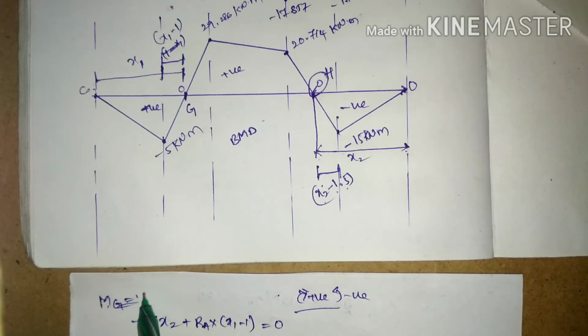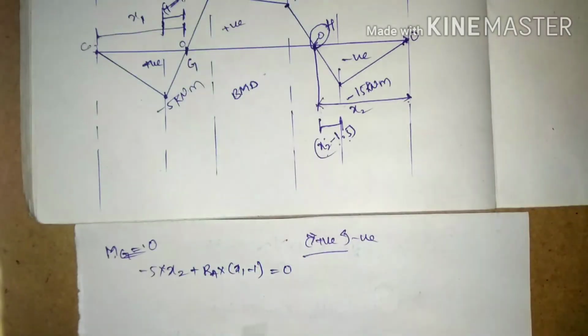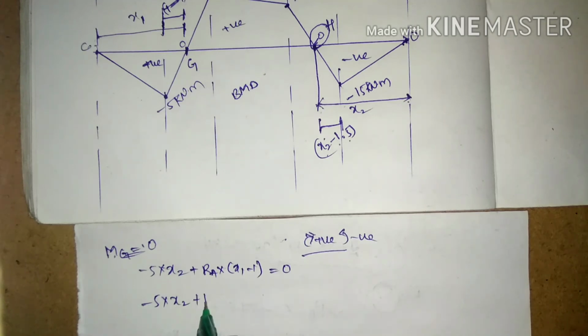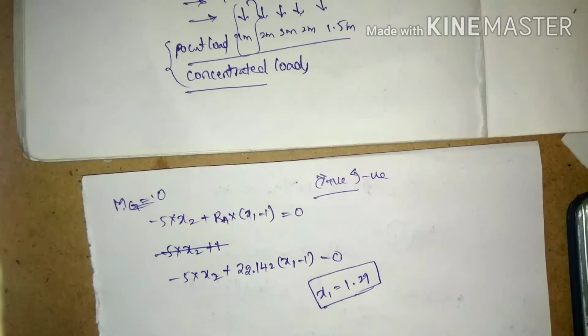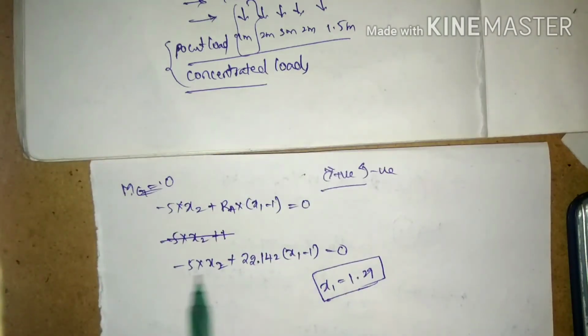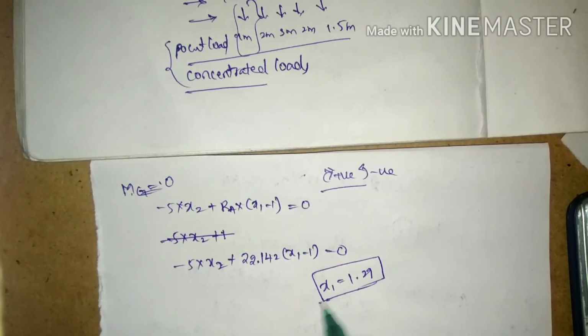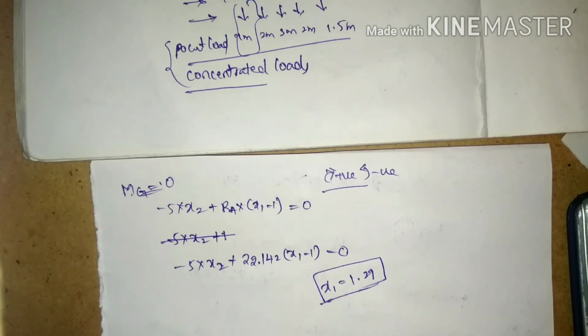Equating to 0, we get the value. Minus 5 into x2, plus the RA value. This is our equation. Simply solve this in the calculator to get the value of x1 distance, that is point of contraflexure 1, moment about G.